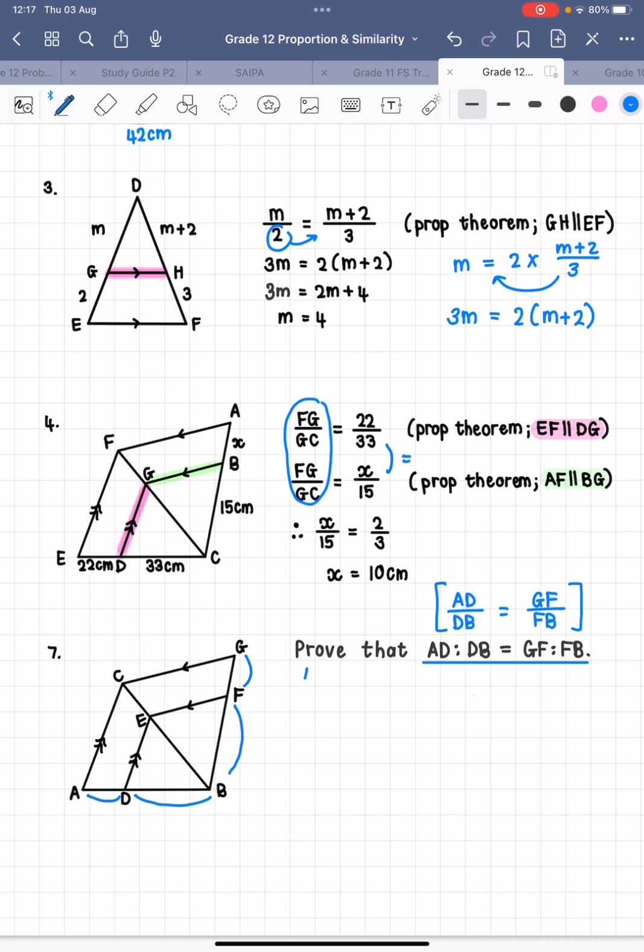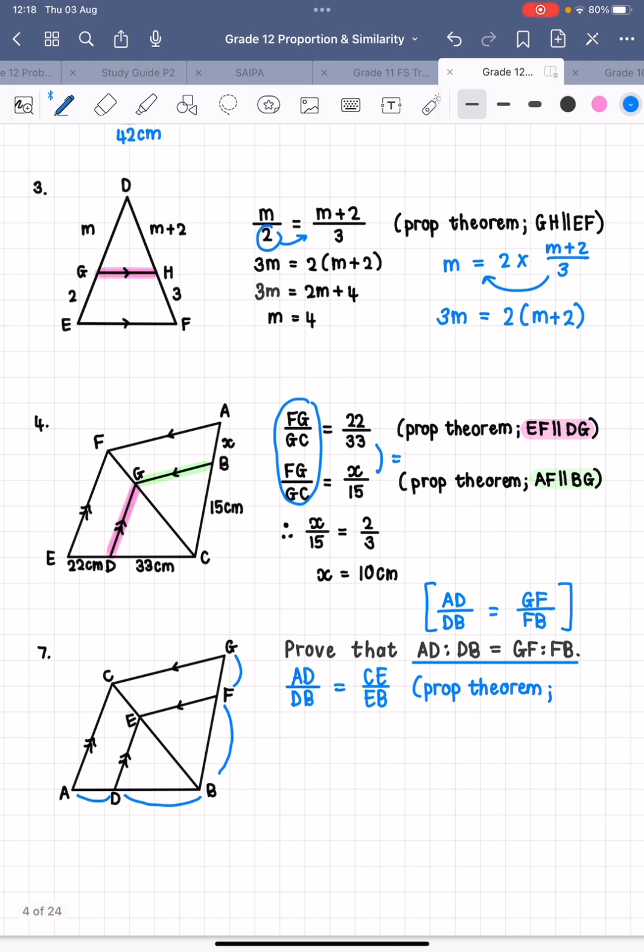We're going to say AD over DB is equal to CE over EB. And the reason for that is prop theorem.